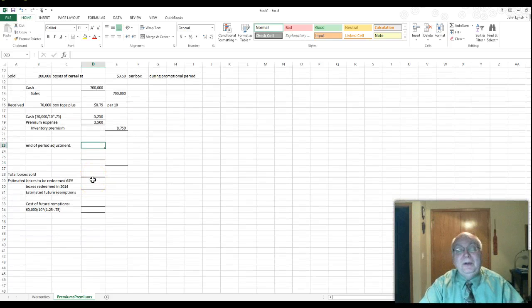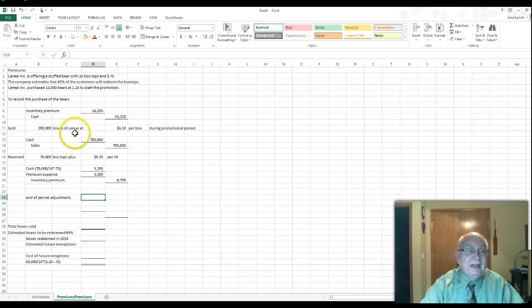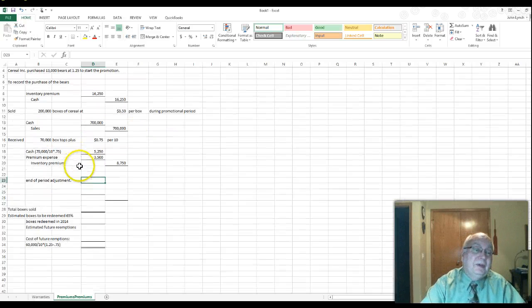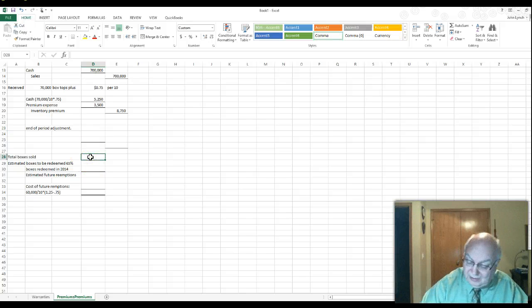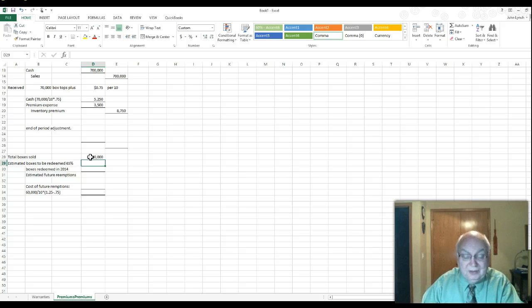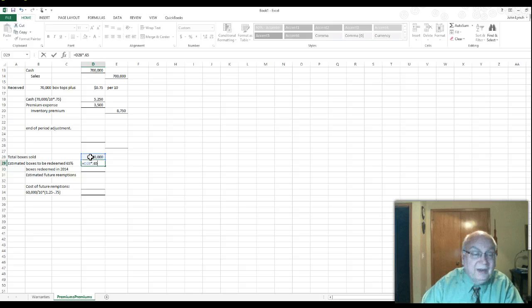Now, into the period, because we sold 200,000 boxes during that promotional period, we expect 65% redeemed, so equal to the 200,000 times 0.65. So we expect 130,000 box tops to be redeemed.